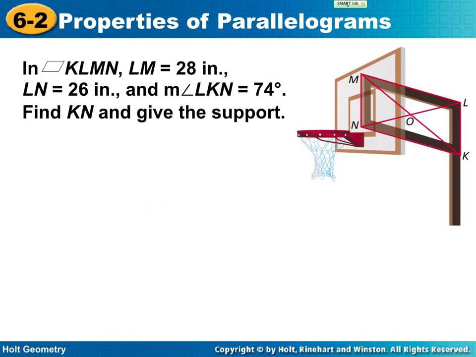Now we switch to a basketball support. You should grab your marker board, the manual marker board. Answer this one and give the support, that way I can see that everybody's thinking. You're supposed to find KN, and give the support.